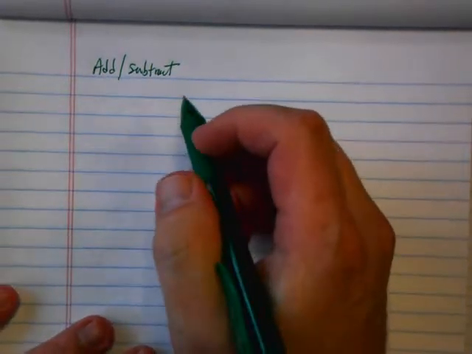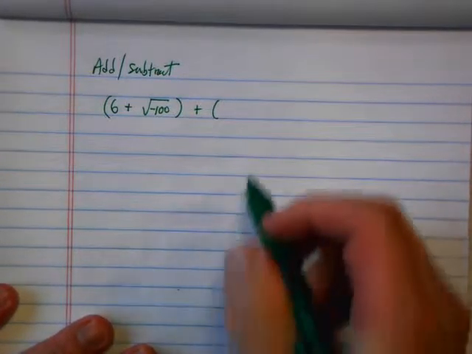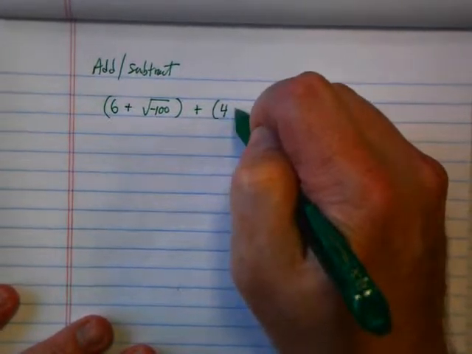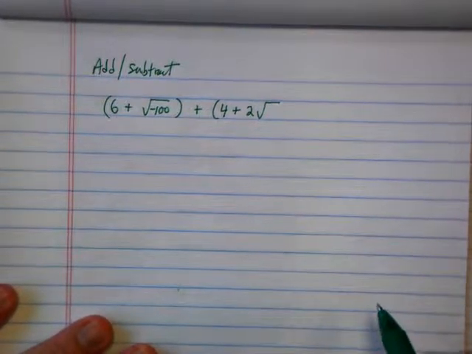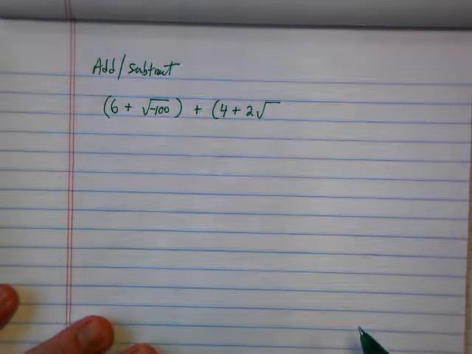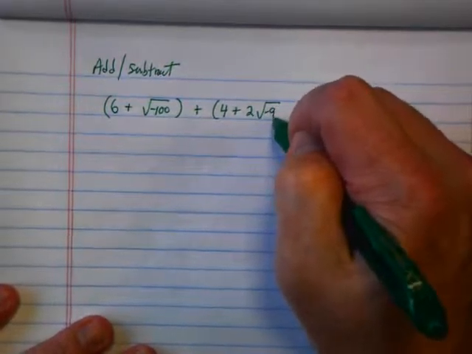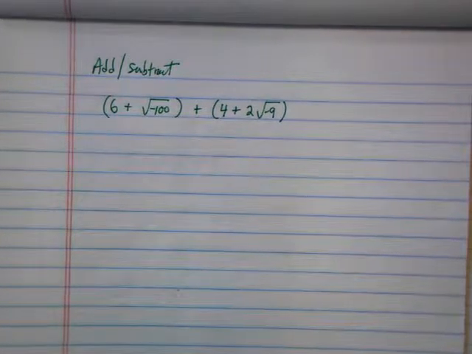How would you take 6 plus the square root of negative 100 and add that to 4 plus 2 square root of negative 9? What do you think you do to add two complex numbers?